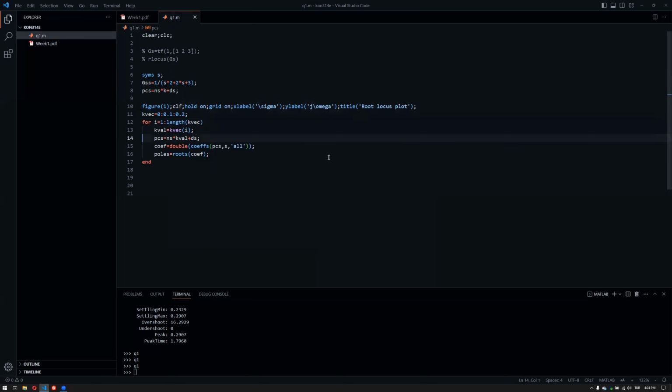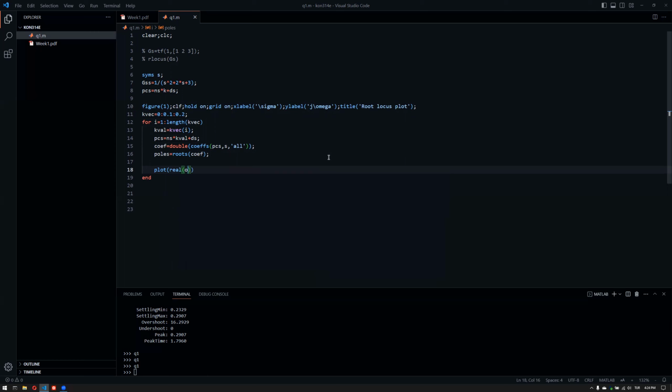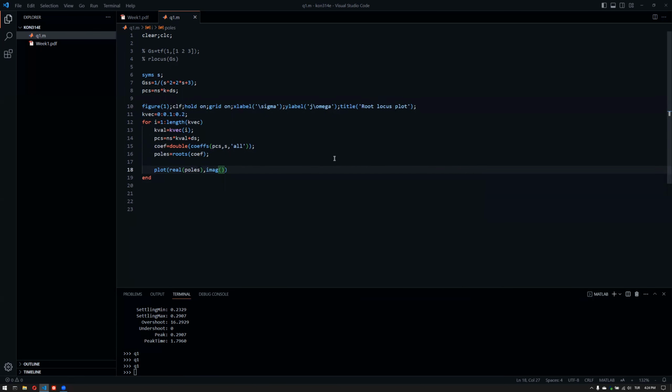There we go. So the only thing that remains is to plot this. Now this is in the s domain, so we need the real part of the poles here, and then we need the imaginary part of the poles. Maybe place a cross, use line width 2, and we should be good to go.